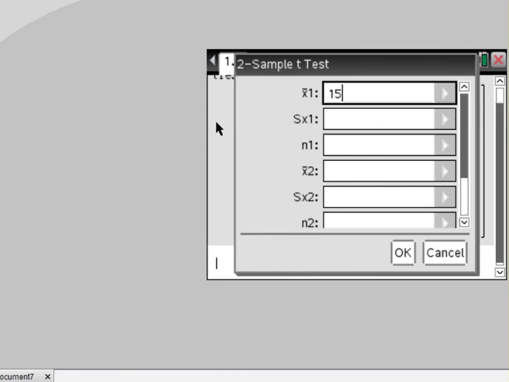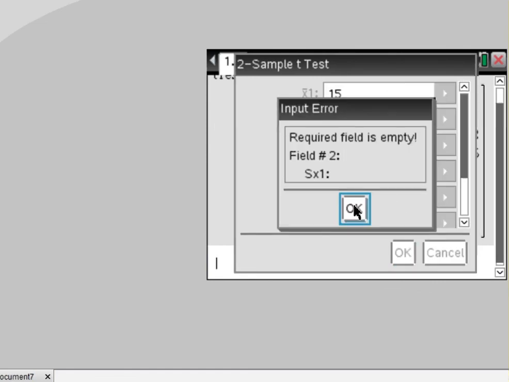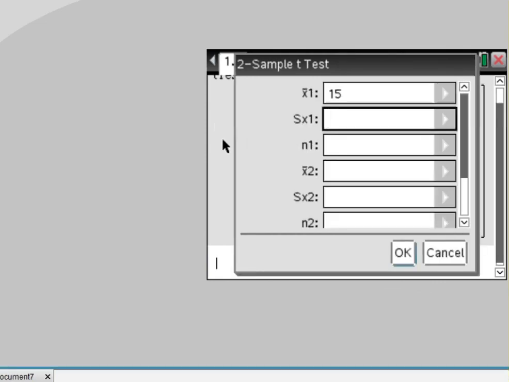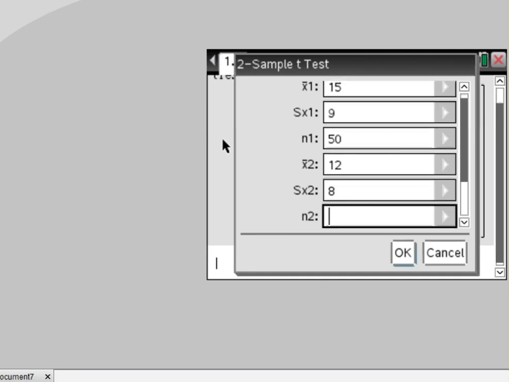And then my other one had a mean of 12 with a standard deviation of 8, and I had 50 of them. Now I want to be careful about changing my alternative hypothesis here. My alternative hypothesis was that mu1 was greater than mu2. I'm going to hit enter, and then it's going to spit out all the things.